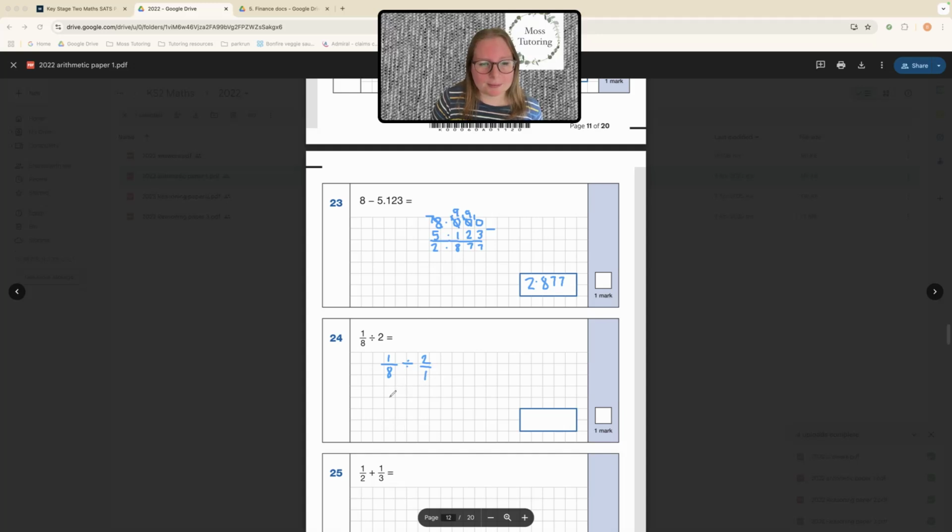So we're going to keep the 1/8, change the divide to a multiply, and then flip this over to make it 1/2. So we're going to do 1 times 1 equals 1 as our numerator. 8 times 2 for our denominator, 16. So 1/8 divided by 2 is 1/16. So well done if that's the answer that you got.